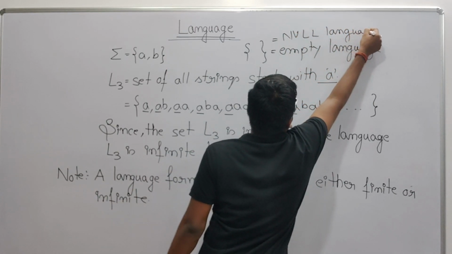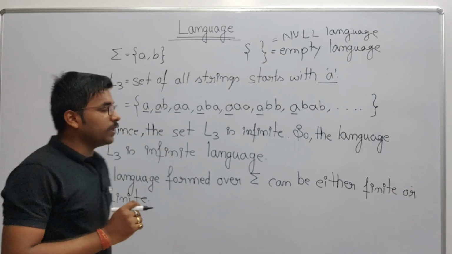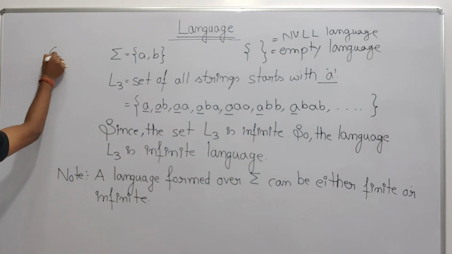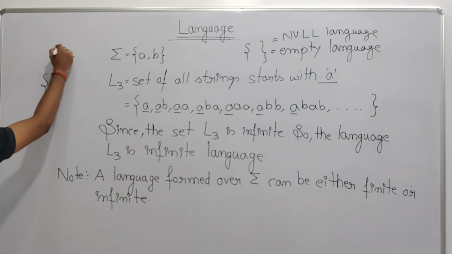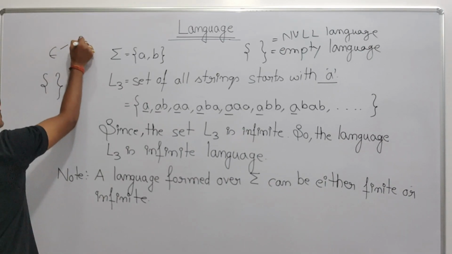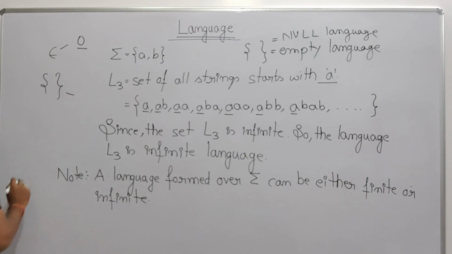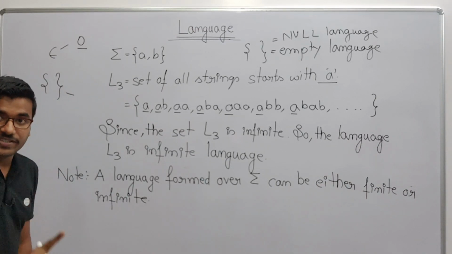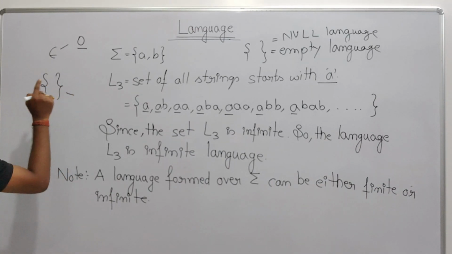Now students generally get confused between epsilon and this empty set. Epsilon is a string whose length is 0. The empty set is a language which does not contain any string. It is called an empty language or null language.